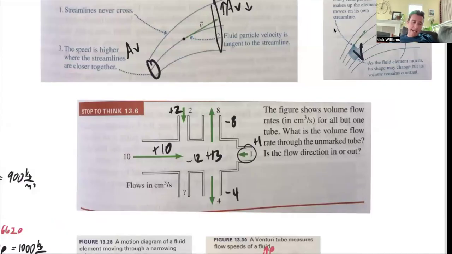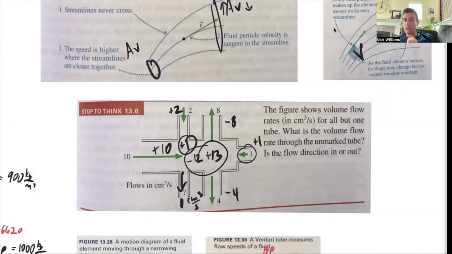That means I have a grand total here of plus 1. So I'm getting plus 1 too many, which means in order to keep it balanced, I need to lose 1. So I need a flow rate of 1 centimeter cubed per second, going out, so that I have 13 in and 13 out to balance.